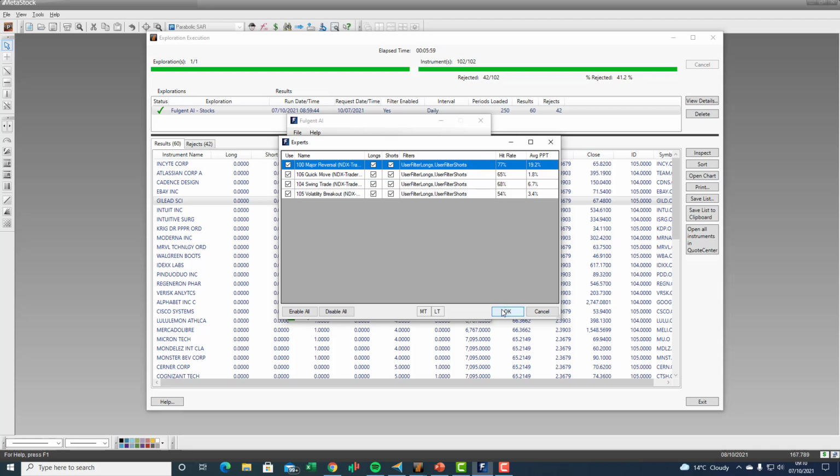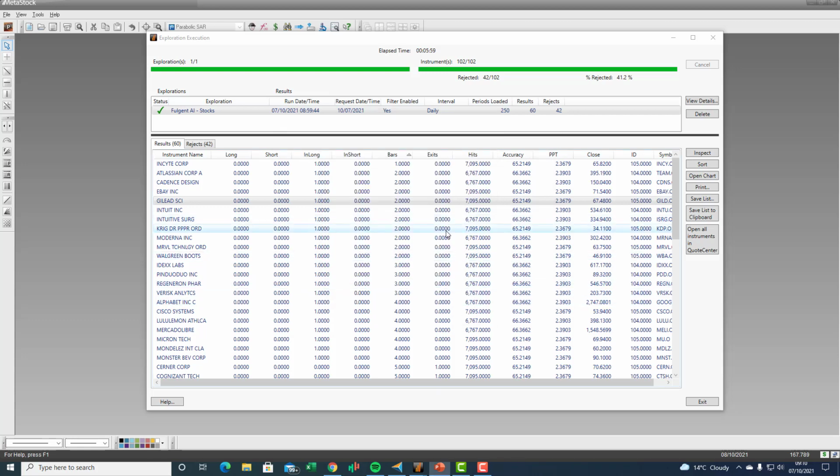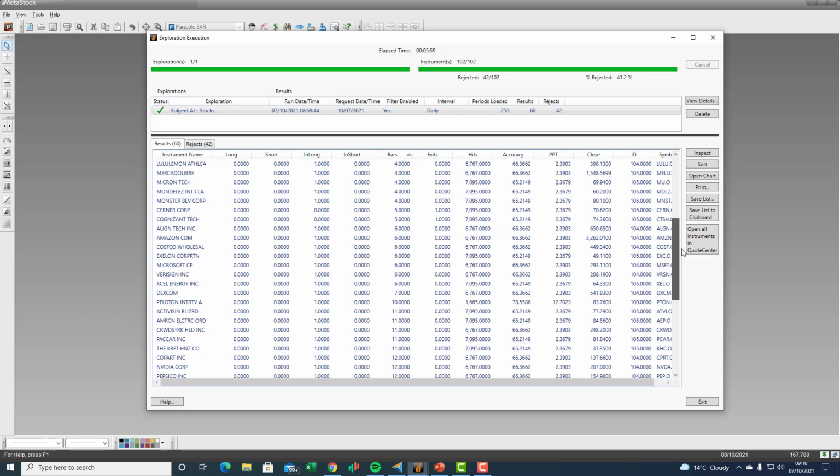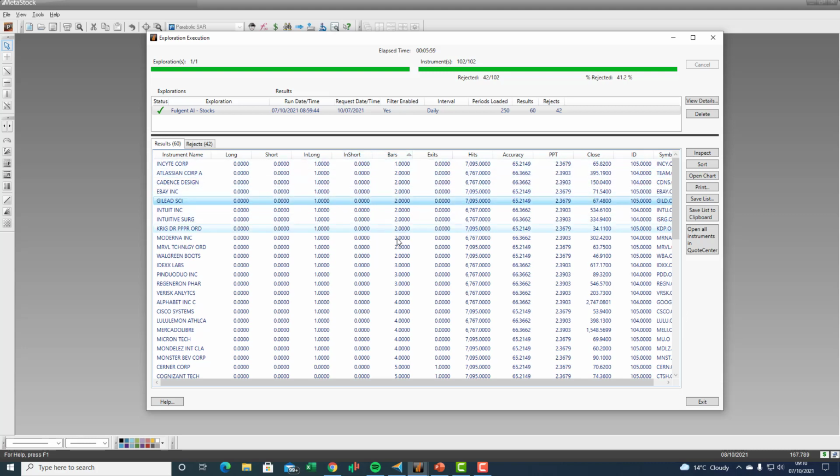That's the AI engine that I've used. Now, here are the winners. A 1 in the long column tells you the AI is in a long position there. I see mostly longs. And the bars column tells you how old the trade is, so I sorted the list from most recent signals to older. Hits tells you how many times in the testing period, over thousands of testing data points, this particular trade setup occurred.